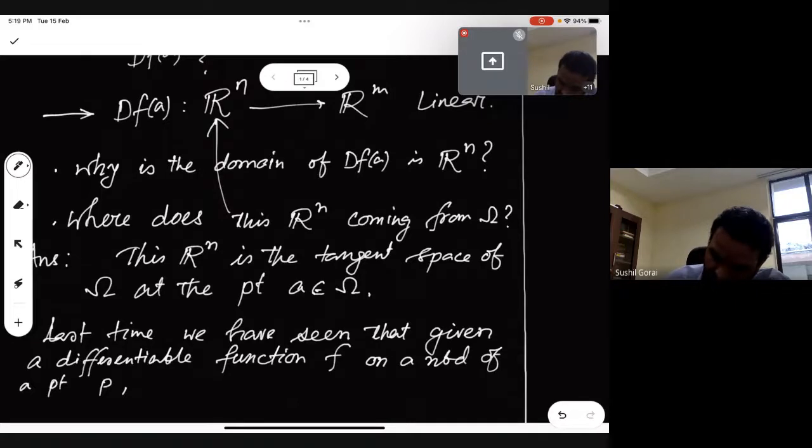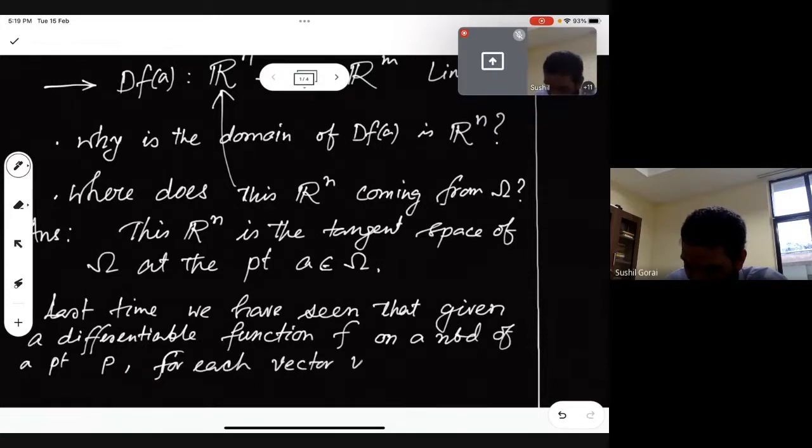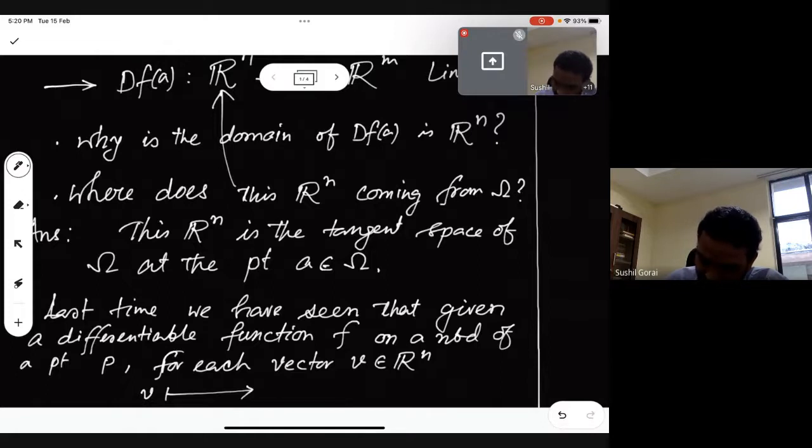So given such a function, for each vector V in Rn, where V is (V1, V2, ..., Vn), we can correspond the summation of Vj del by del Xj, right? Is it fine? You don't need a function here.